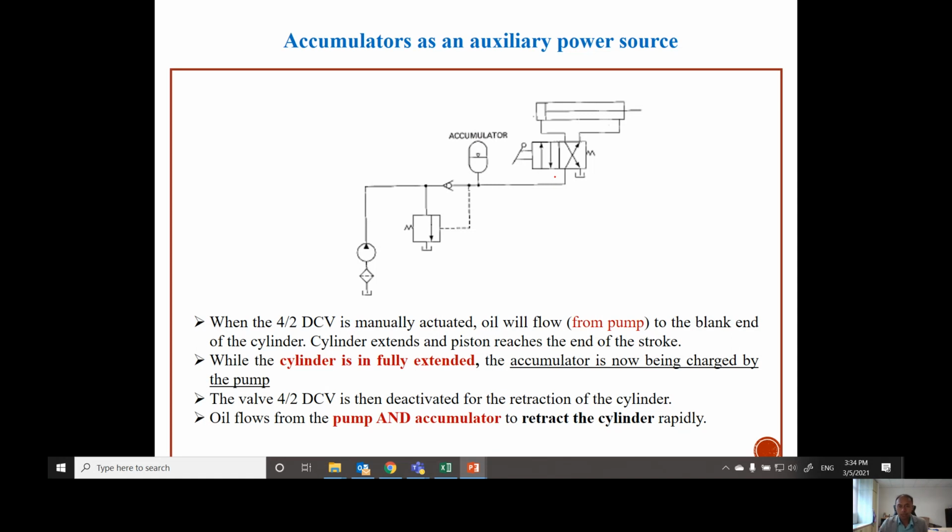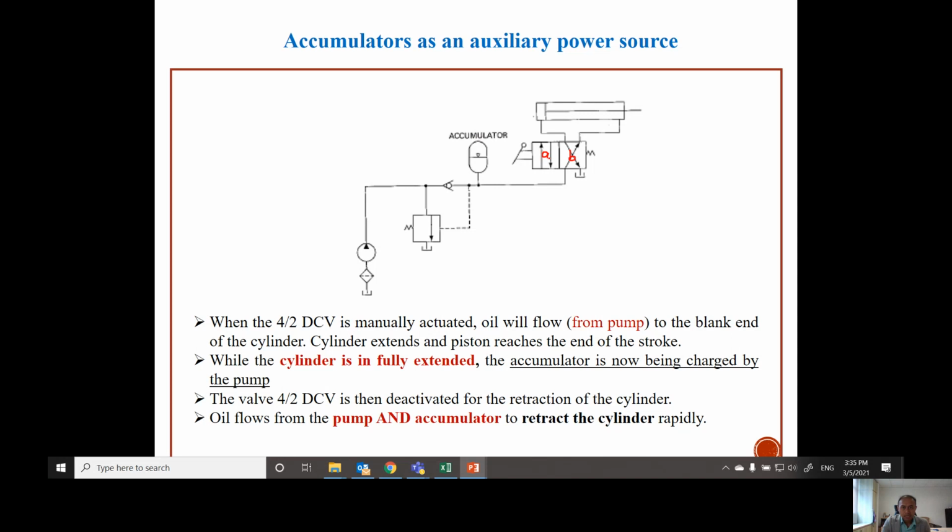Okay, so let's say for this DCV we have position A, then we have position B. Okay, so when the cylinder is manually actuated, it means when you pull this hand lever, so the position A of the DCV will be active.